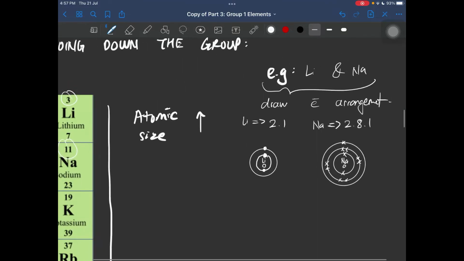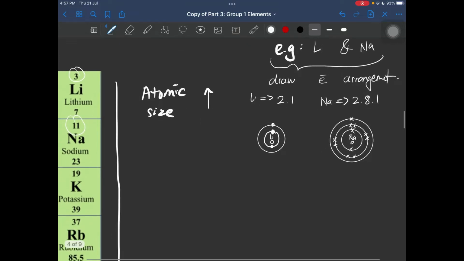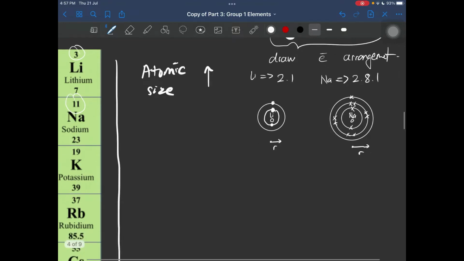If you look at the electron arrangement, what you will be able to find is that the atomic radius will increase. The radius of sodium is much larger than the atomic radius of lithium. Why is this?